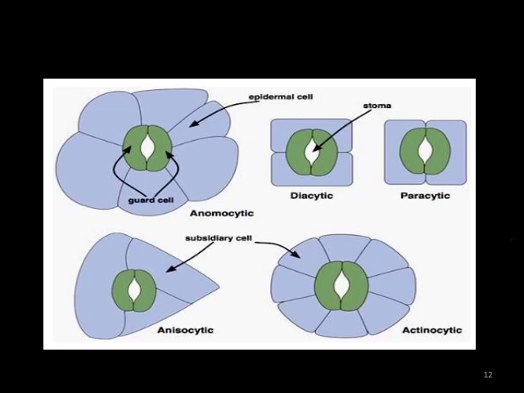There is another type of stomata present, which is actinocytic stomata. This is a different type of stomata in which the guard cells are surrounded by a large number of subsidiary cells. These cells are radiating cells, just like a circle which surrounds the guard cells.